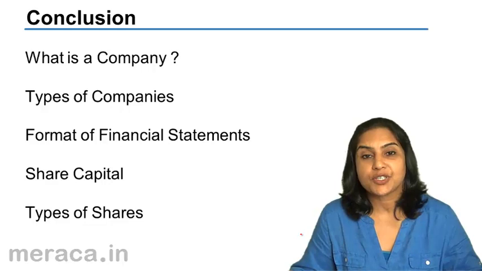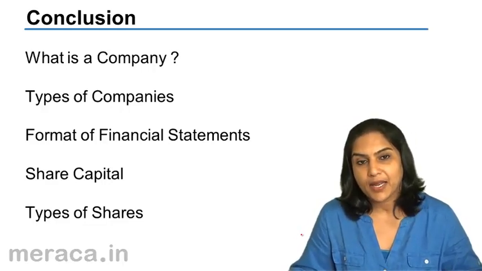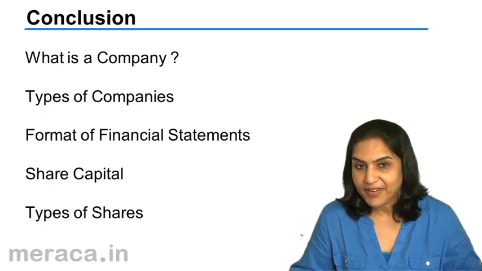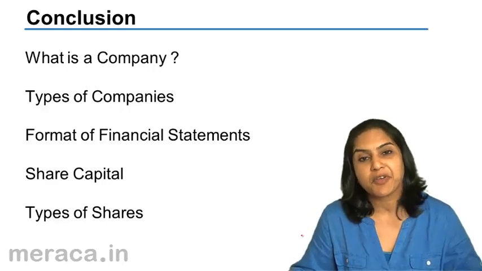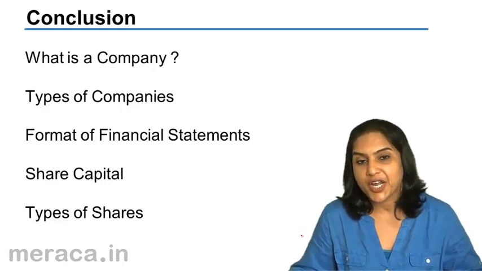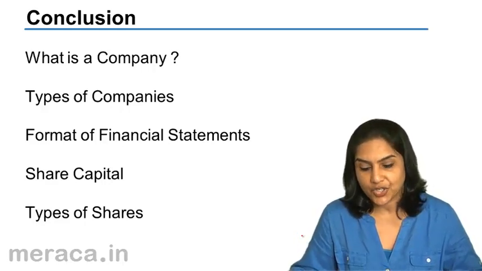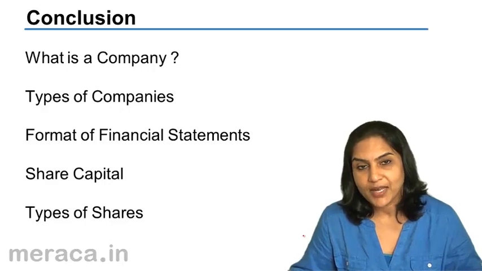Similarly, we discussed what is a public company and a private company. A public company should have a minimum capital of 5 lakhs, should have a minimum of 7 members and a maximum of n number of members. Their shares can be easily transferred, and its securities are therefore listed on a stock exchange. But in case of a private company, the minimum share capital is 1 lakh.